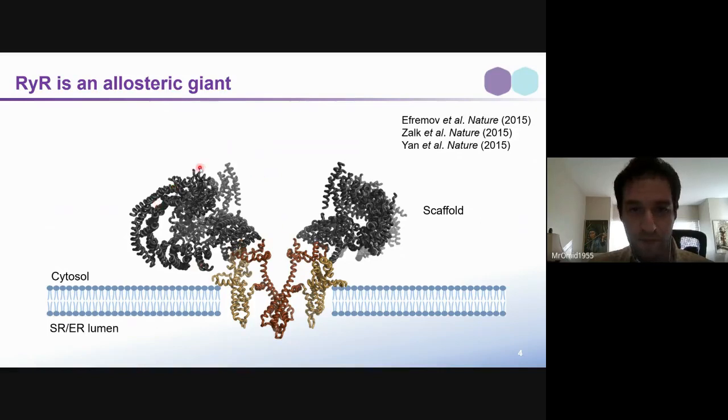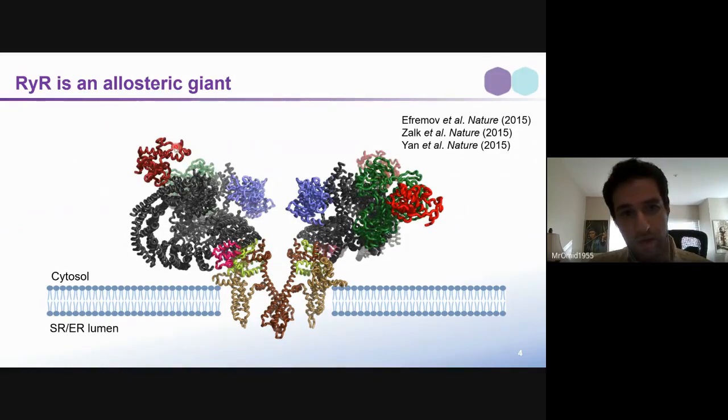The scaffolding region is involved in the bending of the scaffold and is coupled to the core of the channel. And then there's a whole bunch of ancillary subunits or globular domains, which are also involved in regulation of the channel, either through protein-protein interactions or protein-ligand interactions.